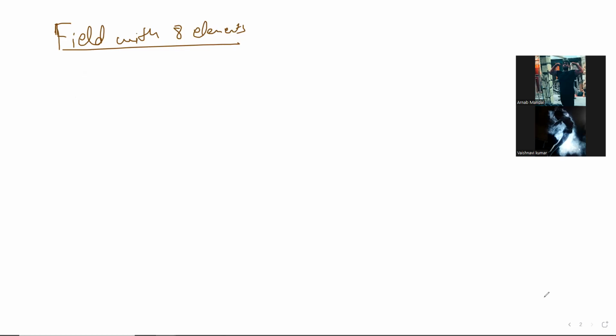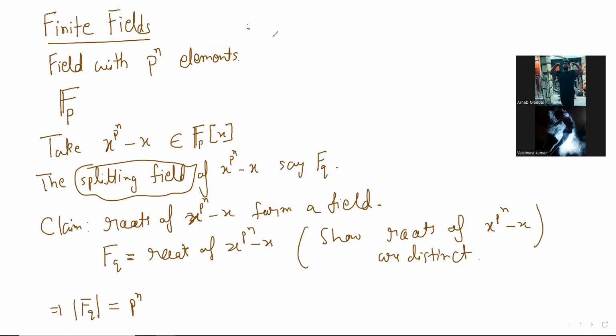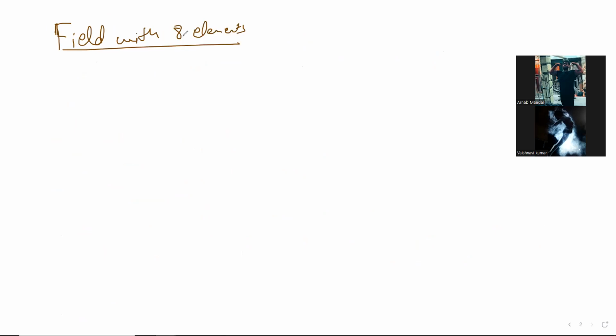Maybe here there is a further fact which you should prove, that this FQ cross is a group, a cyclic group. If you assume that it's a cyclic group, then can we concretely write down the field with 8 elements?